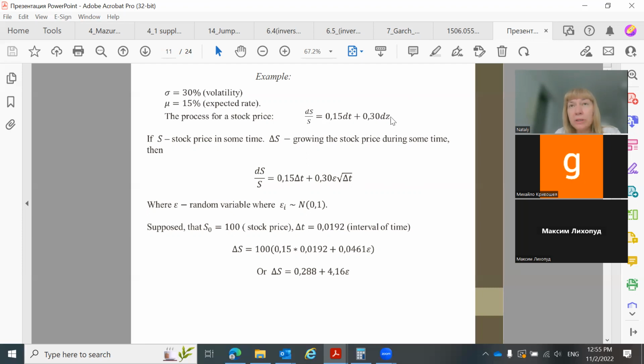And you know the key rule of stochastic calculus, and this rule is that dz equals epsilon square root of dt. It's very important.